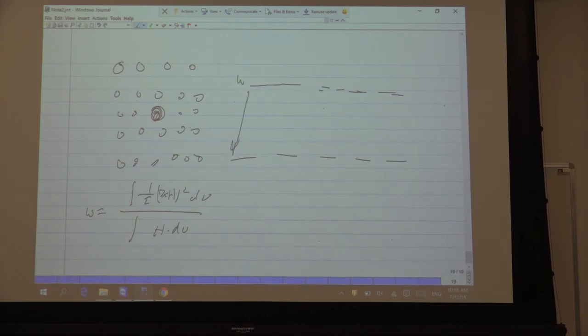If I increase epsilon, omega will decrease. If I decrease epsilon, omega will increase.